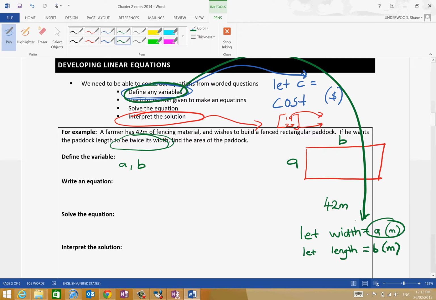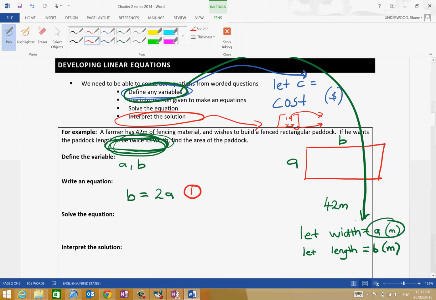First of all, what was my first equation? I've got B is equal to what? No, have a look. What is B? Twice the width. What is the width? So B is equal to? 2A. Good. That's my equation 1, ladies and gentlemen.